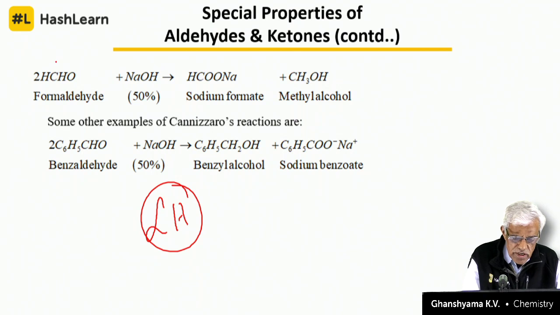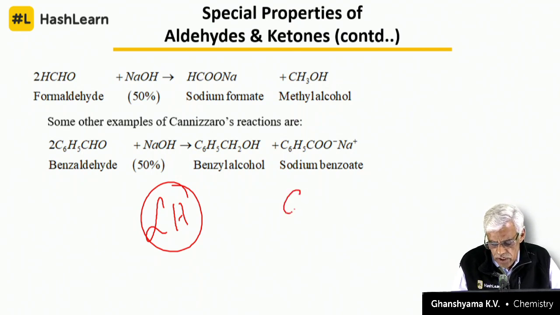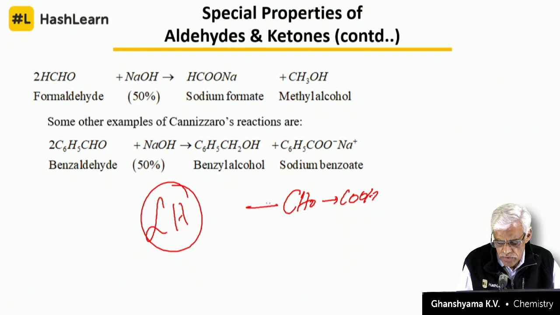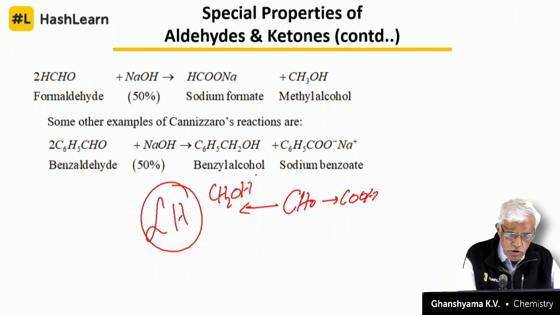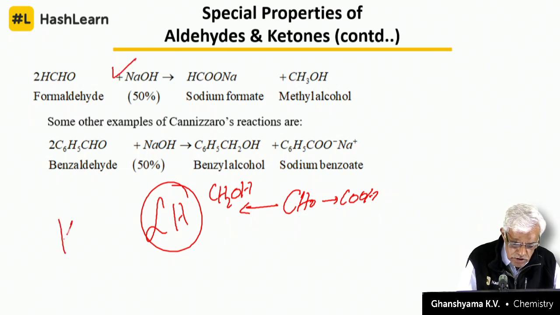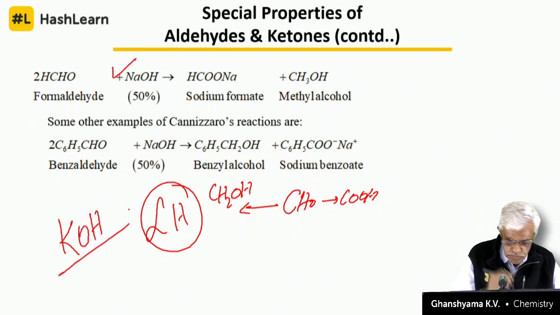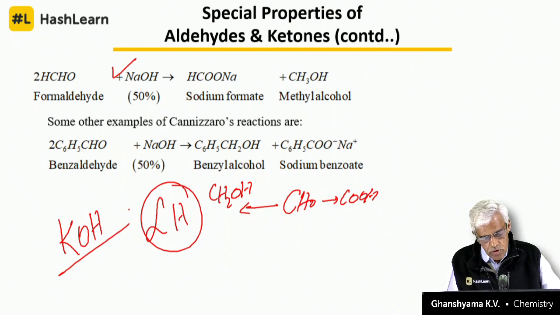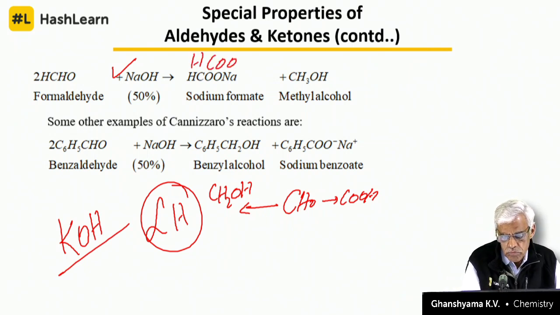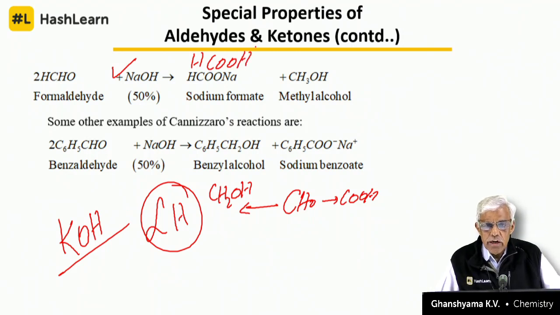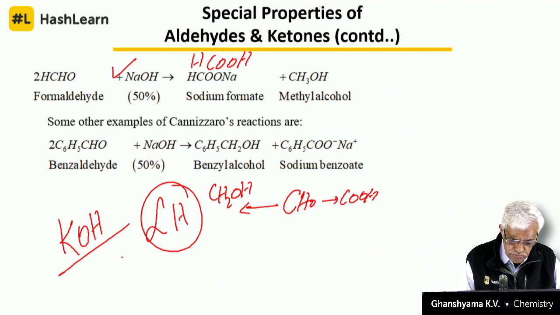Now, formaldehyde, you know that an aldehyde on oxidation gives a carboxylic acid, an aldehyde on reduction gives an alcohol. If you treat it with a strong solution of NaOH or even KOH, one molecule of aldehyde undergoes oxidation, one molecule undergoes reduction.